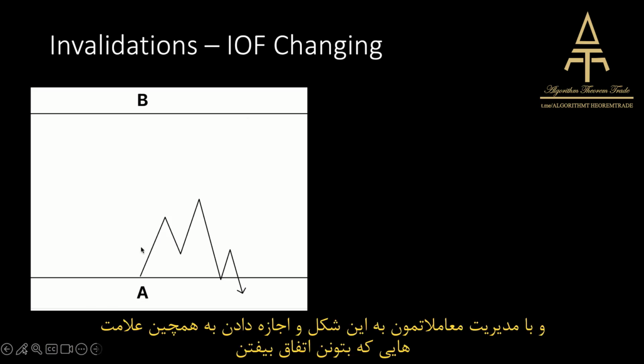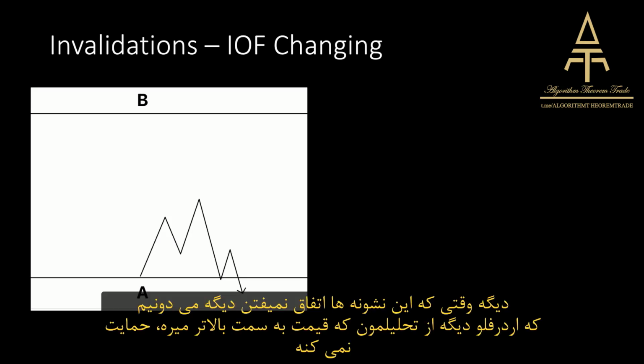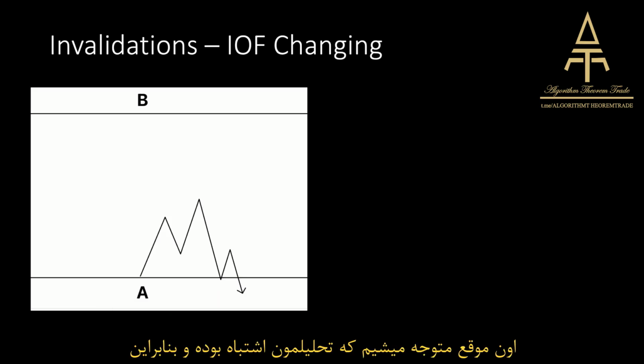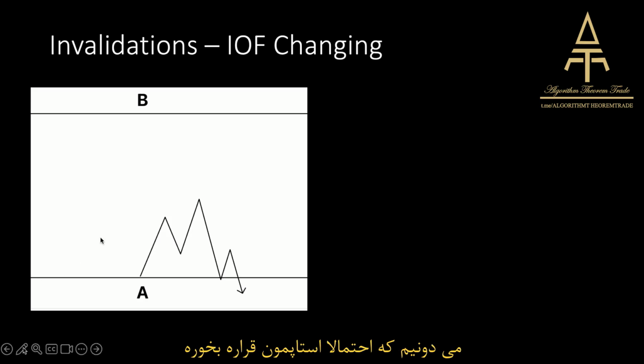And by managing our positions like this, by allowing for very specific signatures to occur, we know that when these signatures do not occur, so it means when the order flow is not supporting the idea that price is going to continue to expand higher, then we know that we're offside, and therefore we know that our stop loss is likely to get hit.